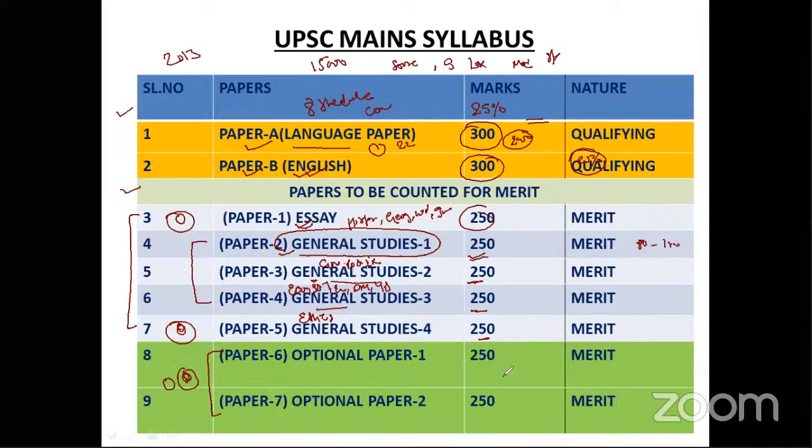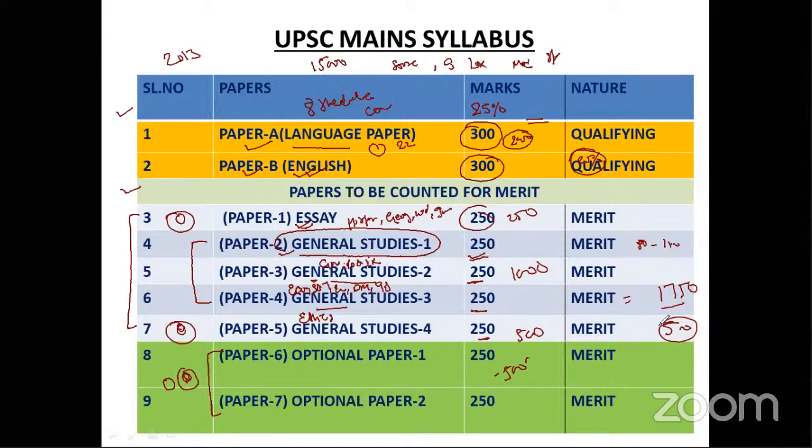The optional paper will carry a total of 500 marks. So out of 1000 marks for your GS, 250 marks for the essay and 500 marks for your optional, the total marks will become 1750 marks. So out of 1750 marks, 500 marks play a very important role.